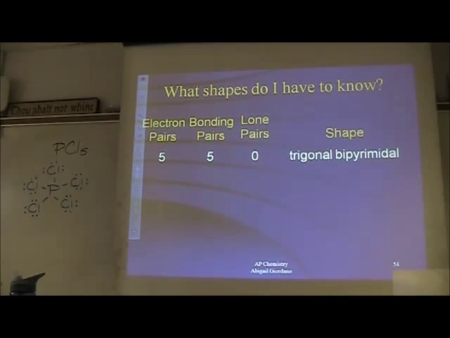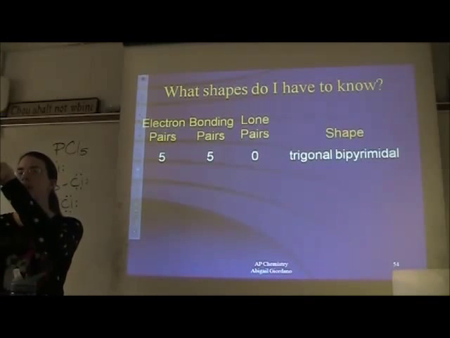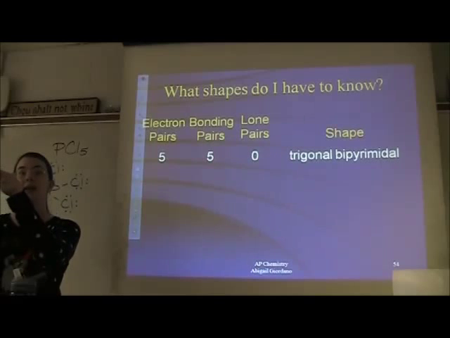Now, ladies and gentlemen, this shape, unlike any of our previous shapes, has more than 1 bond angle. Now, let me tell you something. When you get to shapes that have more than 1 bond angle, you're not going to be asked the bond angles of those shapes. But just for my purposes, what does this angle look like to you? 90.